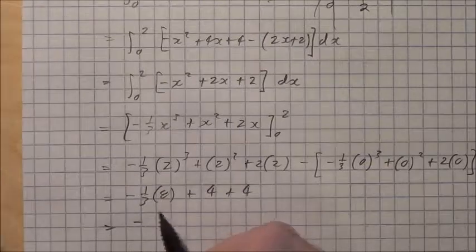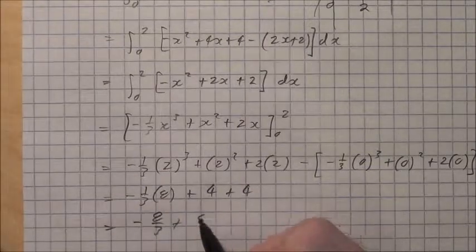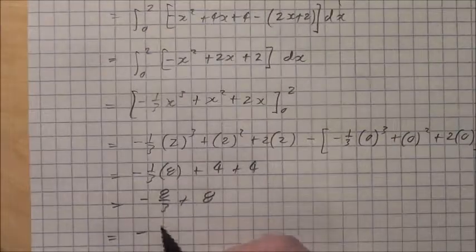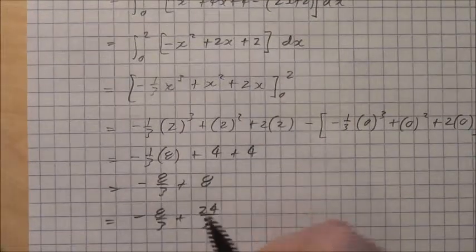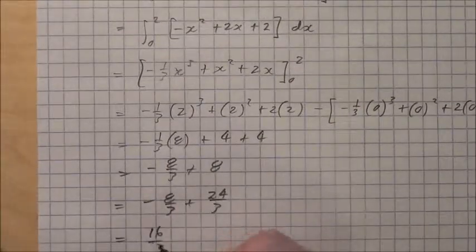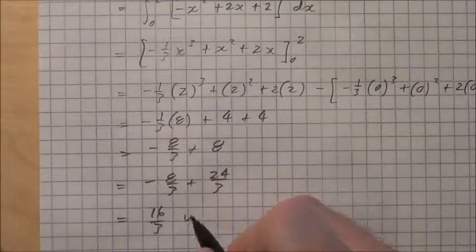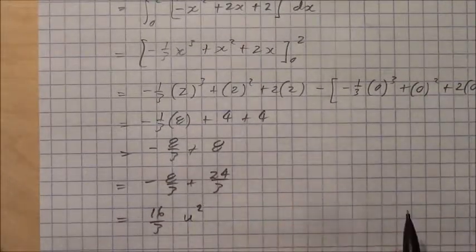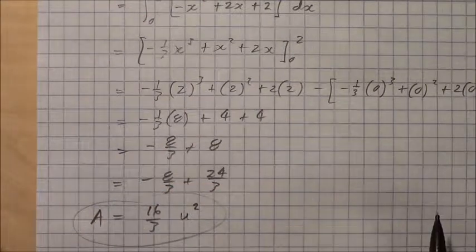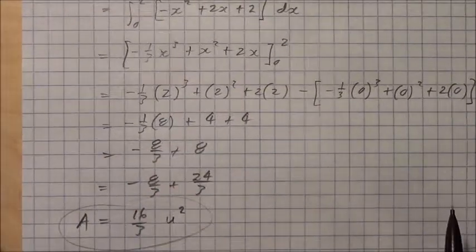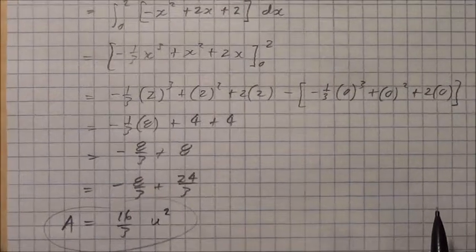So I'm going to have negative 8/3 plus 8, and that's negative 8/3 plus 24/3, which gives me 16/3 units squared. So that is the area between those two functions between 0 and 2.